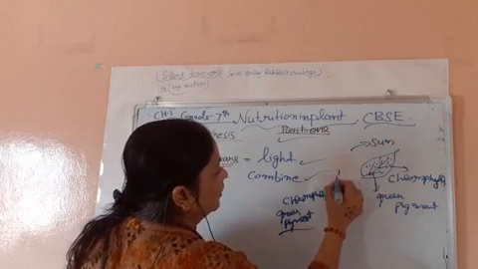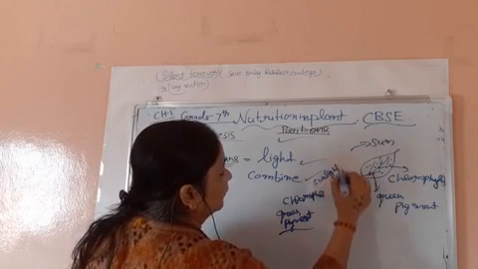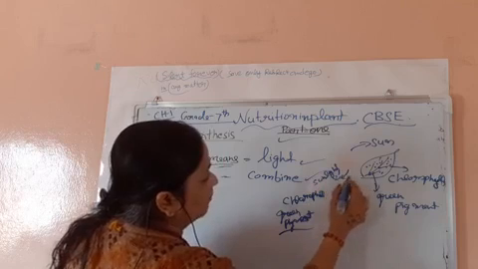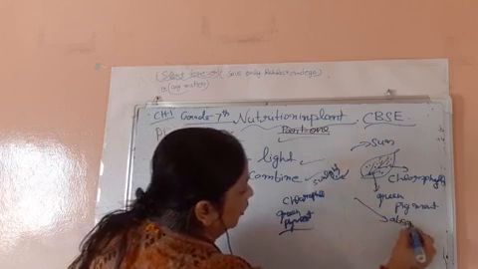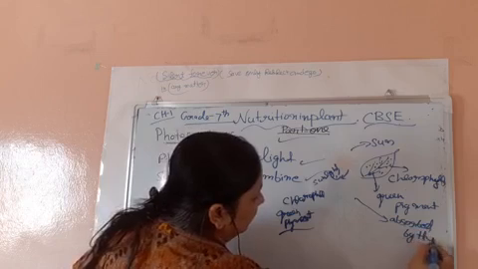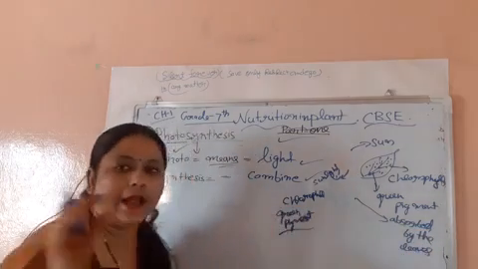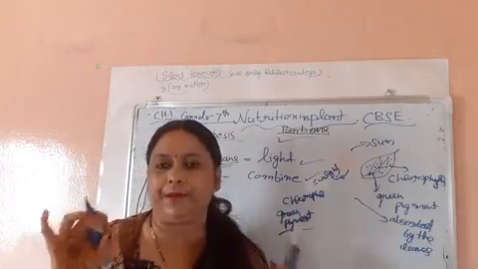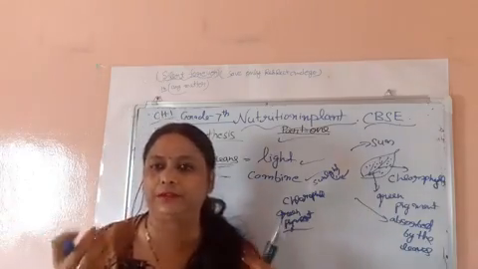Here sunlight is absorbed by the leaves, and the leaves have a tiny green pigment called chlorophyll, and chlorophyll absorbs the sunlight.